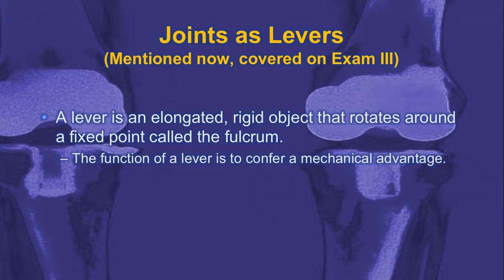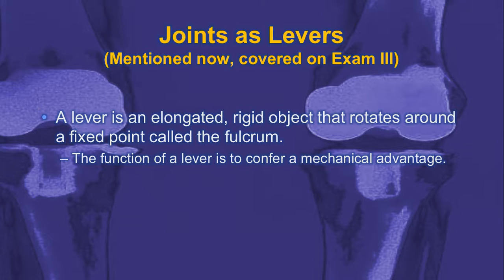When we use this in relation to joints, we say that a lever is an elongated rigid object. So in the joint, what's going to be our elongated rigid object? The bone. So the bone is the lever that rotates around a fixed point called the fulcrum. What's going to be our fulcrum?